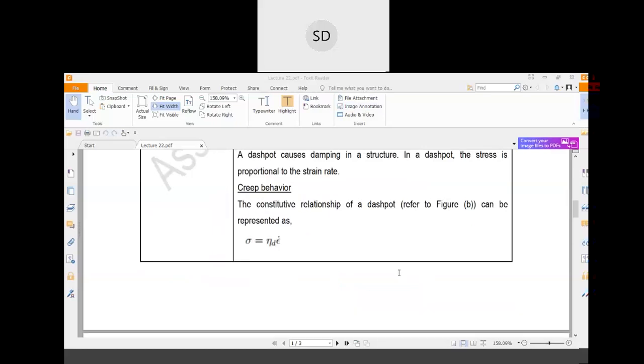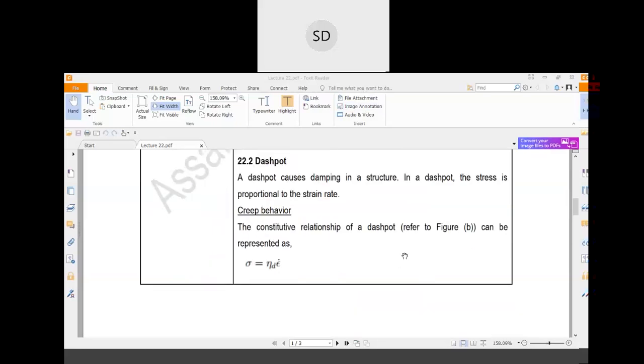So that is the spring. Now the dashpot causes damping in the structure, and basically it represents the viscosity properties of the material. For the dashpot, the viscosity is defined as stress divided by the rate of strain. So that is the difference here.